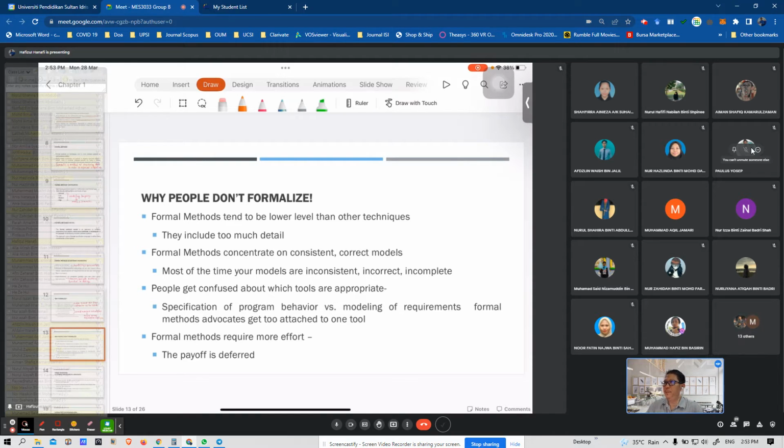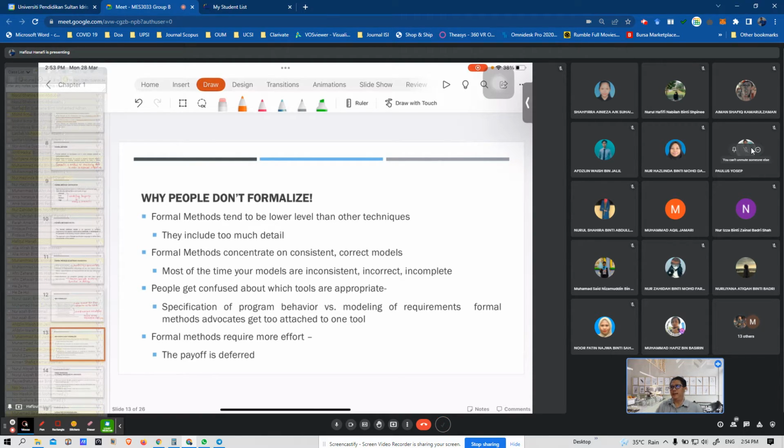Okay, why don't people formalize? Some of the formalization is very rigid, very rigid that it includes too much detail. Every step you must document, and then you must make some assumptions, and then you need to include the semantics and also the appropriateness of the system. This is very meticulous and includes too much detail.